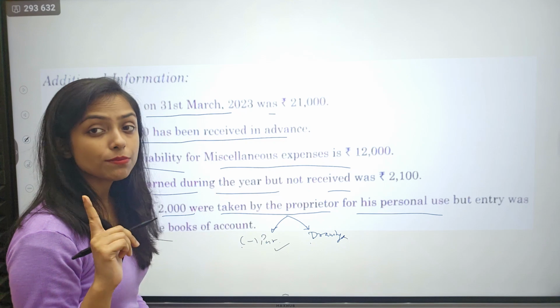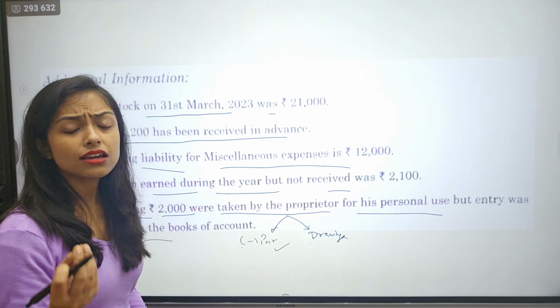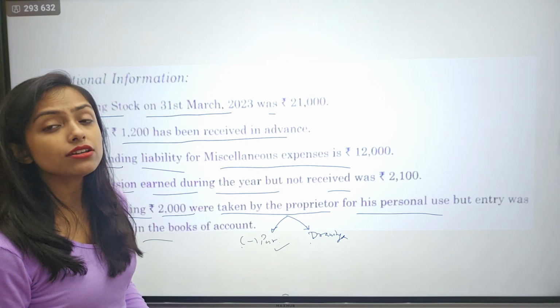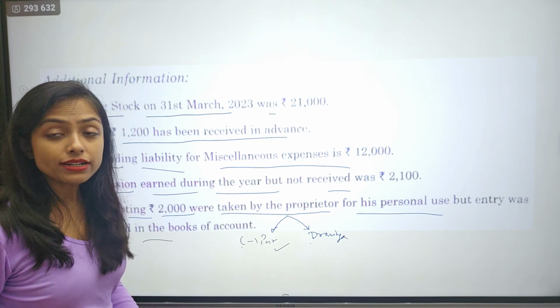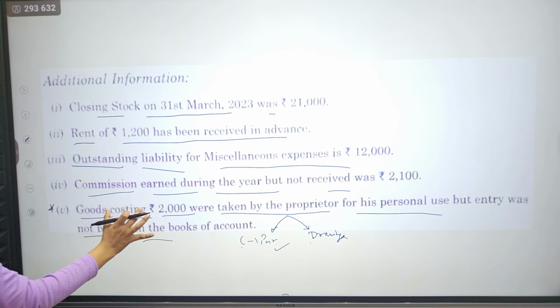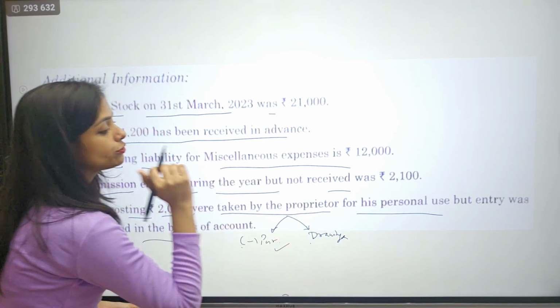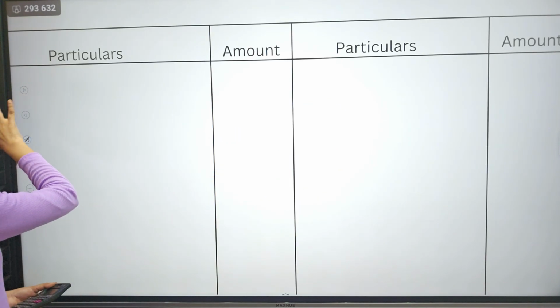I'll reduce it from the purchases for a very obvious reason: my purchases get decreased whenever some goods are taken away from it. So we treat it as a reduction from purchases. Next, we treat it as drawings because he took it home.